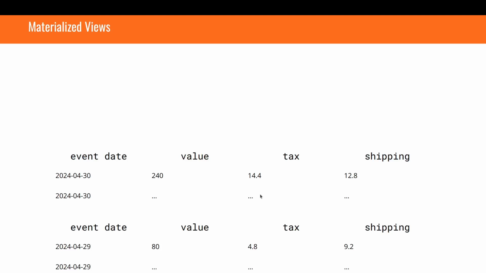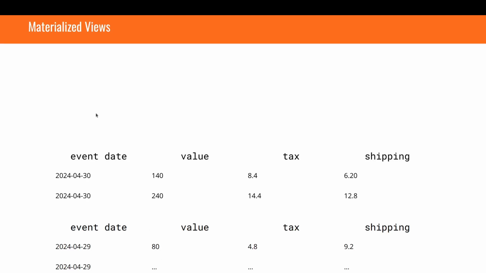Now say on the 30th, this is a materialized view, and say on the 30th you query again, and another transaction has happened since the last time this data was accessed. So when you query, the 30th will update and give you another row, but it won't touch the 29th or older data.